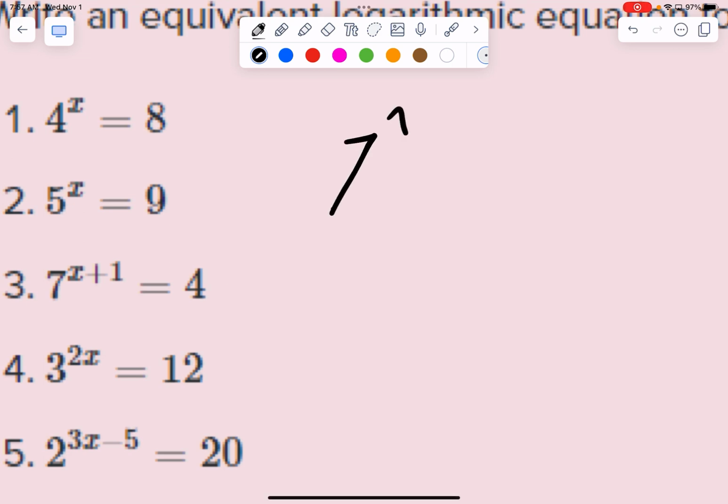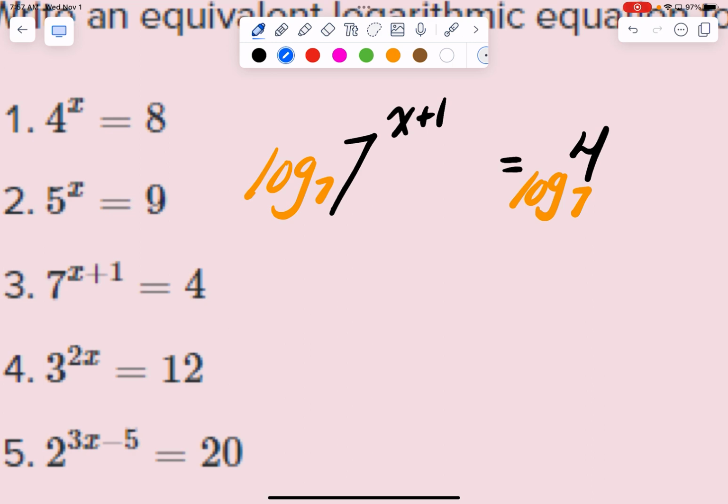If we have 7 raised to the x plus 1 equals 4, they said rewrite it in logarithmic form to solve for x. So basically, it's just solve for x. We know how to do that, right? Get x by itself. So what do we need to undo? Base 7. How do we undo base 7? So we're going to log base 7 both sides. So on the left-hand side, don't you agree that log base 7 of base 7 cancel out? So now x plus 1 is no longer an exponent.